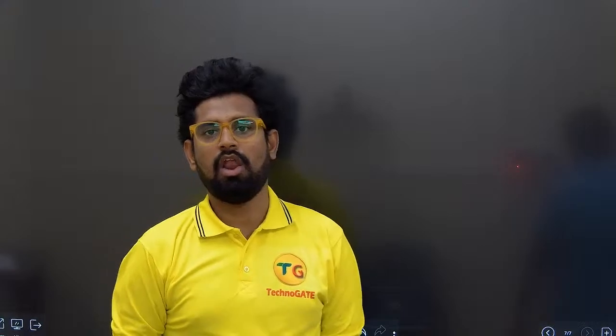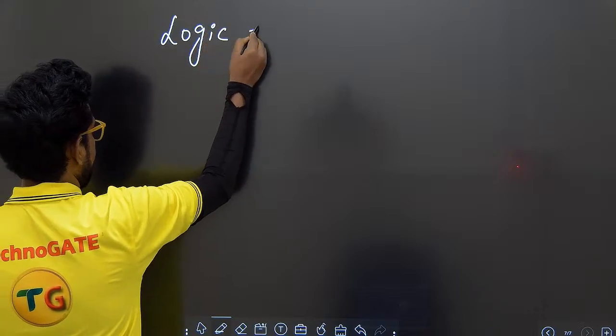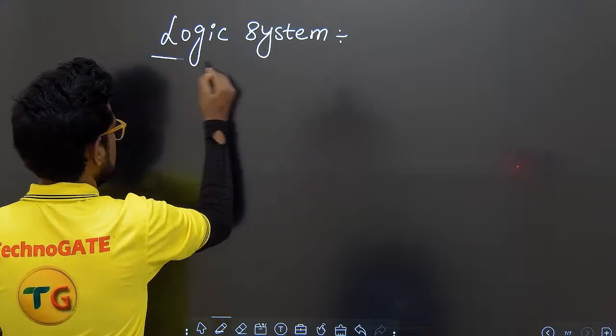In this lecture, I am going to start the new topic, logic system and logic gates. So let us discuss first what is logic system. What is meant by logic system?